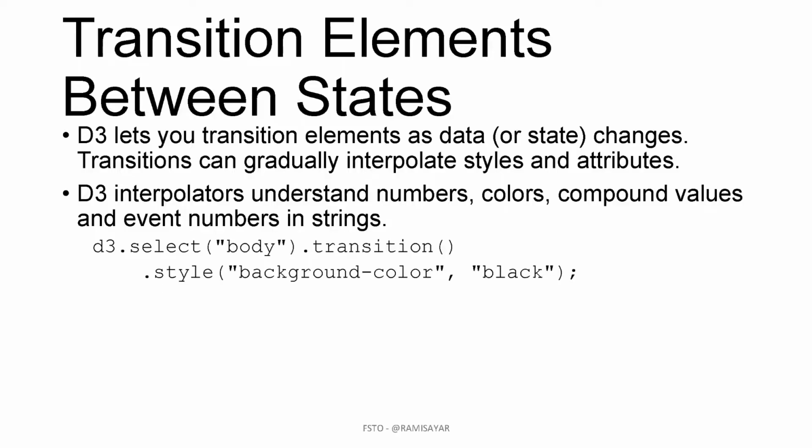The other thing that I mentioned earlier is that the transitioning of elements between states is really easy. D3 comes with some built-in interpolator functions that let you interpolate numbers, like from 0 to 100, and do multiple events based off those interpolations. It also works with colors and compound values, and even numbers inside strings.